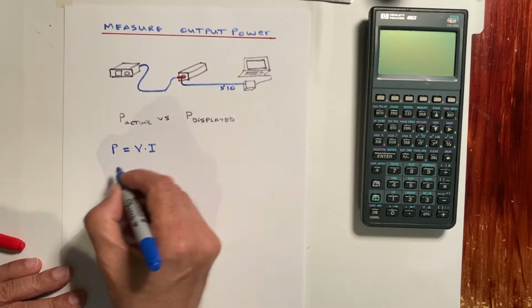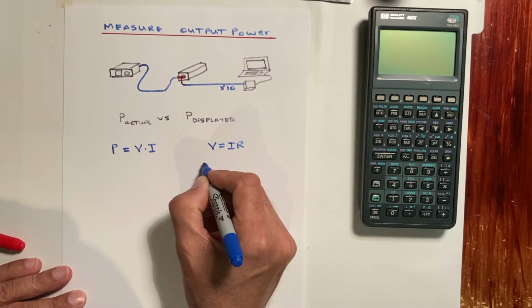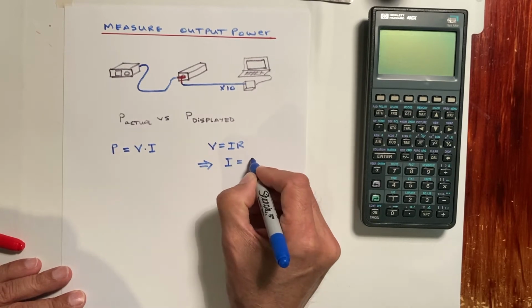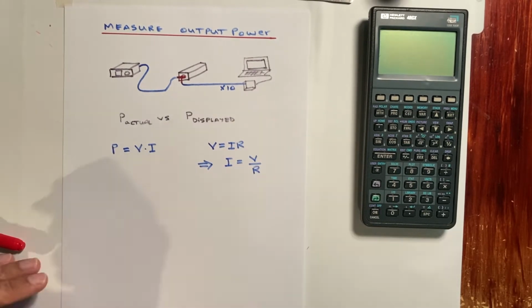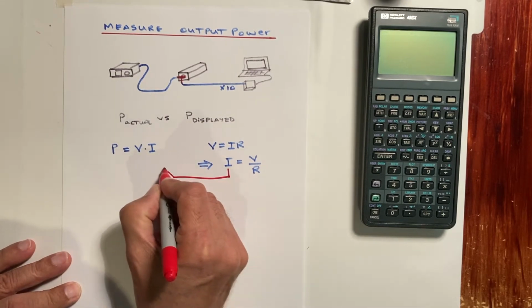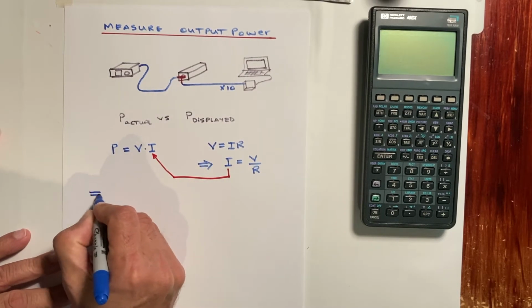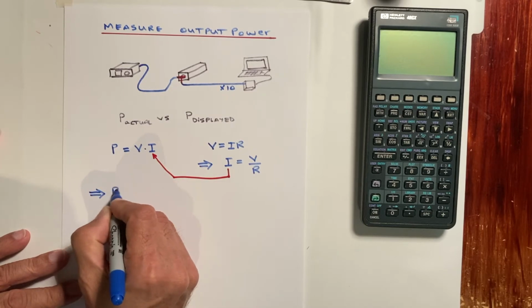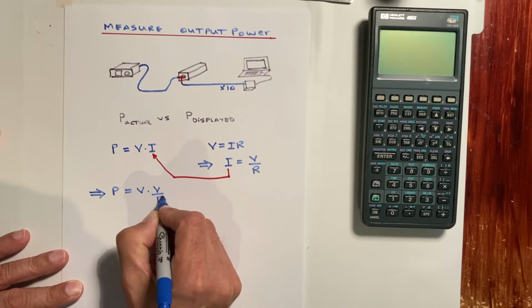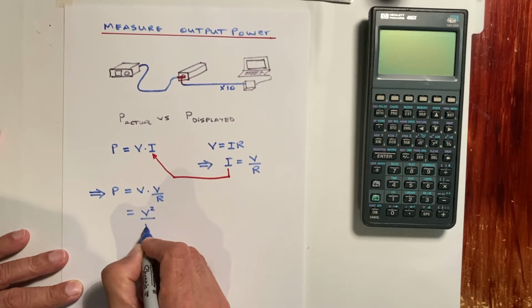Now, we also know that Ohm's law tells us that V equals IR, which implies that I equals V over R. Now, if we take this expression for I and insert it into our expression for power, we end up with P equals V times V over R, or V squared over R.